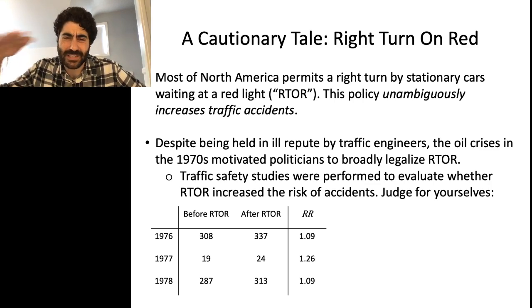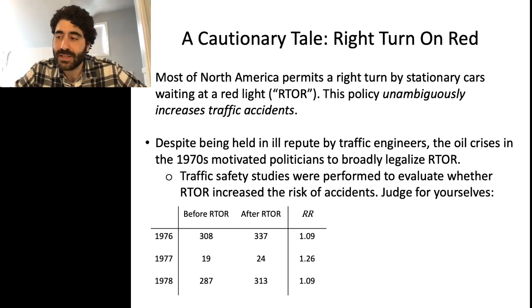I think the different years here are different states with different years of legalization. You can compute, for example, a risk ratio, to see whether we're seeing an increase or decrease. And you can see that in all the years they're studying, there's an increase in traffic accidents.